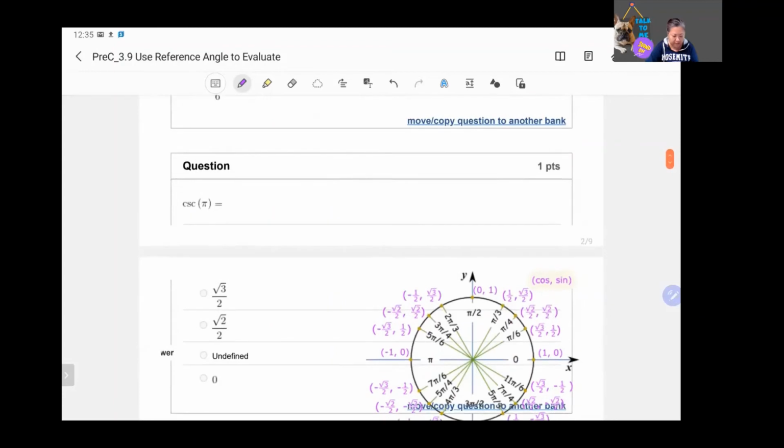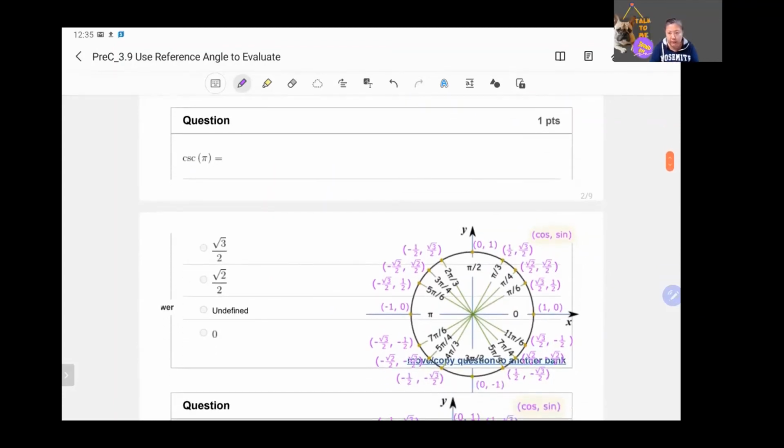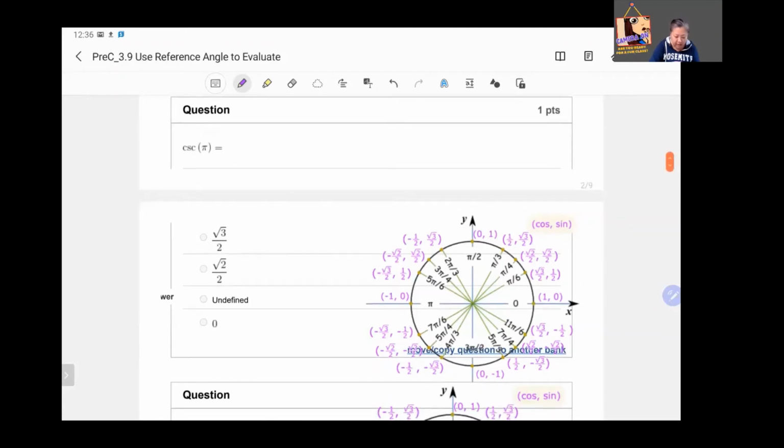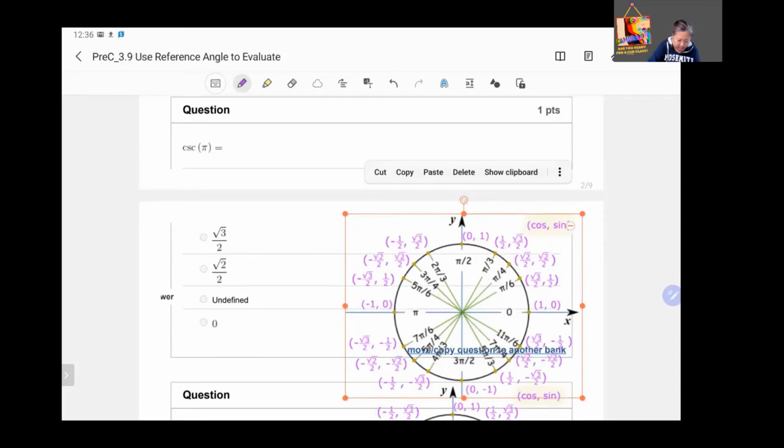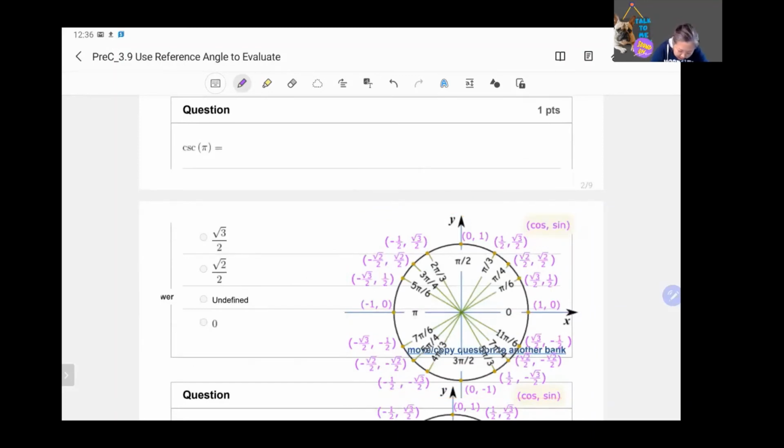Okay, then now we're simply finding what's going to be the exact value of cosecant of angle pi. Okay, then let's see where the pi is first. Okay, then this is pi right here. Then the original angle theta is from 0 all the way there. So this is theta, which is pi, right?